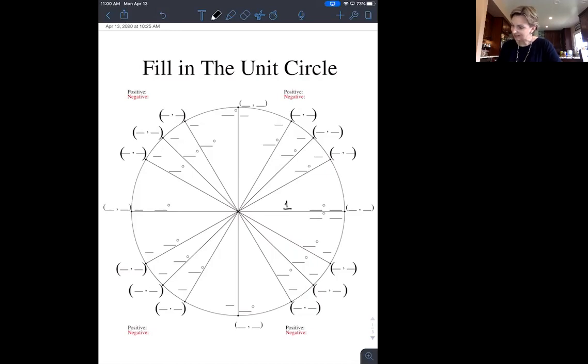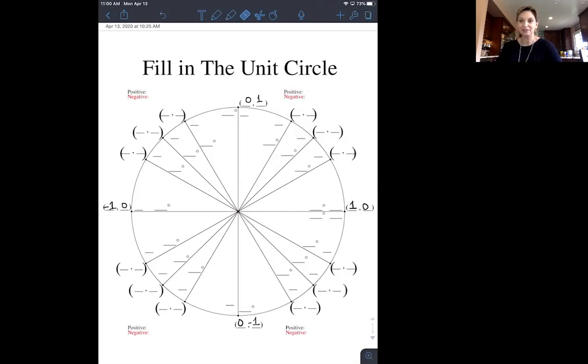And what that means is that on the x-axis, our coordinates are going to be (1, 0) and (-1, 0). And on our y-axis, we're going to be at (0, 1) and (0, -1), right? We just get that from the fact that on a unit circle, our radius is 1.